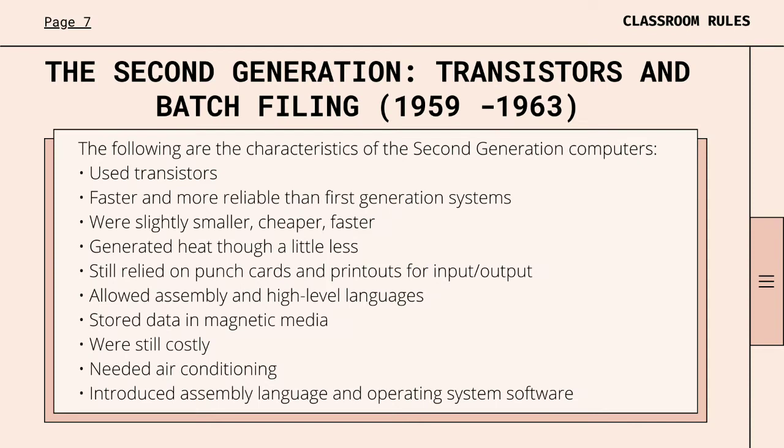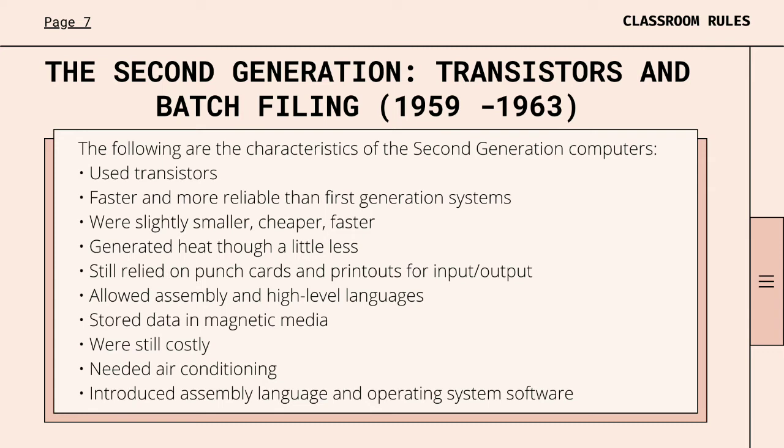The second generation of computers are transistors and batch filing. The following are the characteristics of the second generation computers. First, it used transistors. It is faster and more reliable than first generation systems. Were slightly smaller, cheaper, and faster. Generated heat a little less.